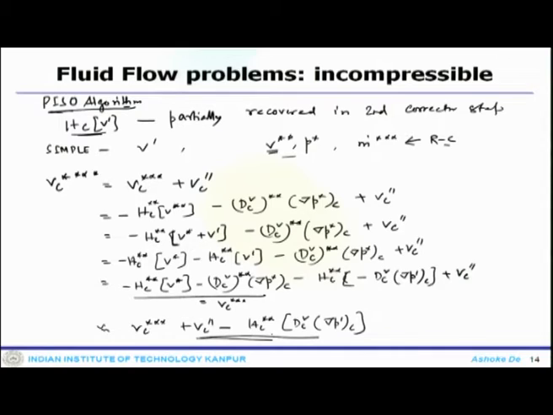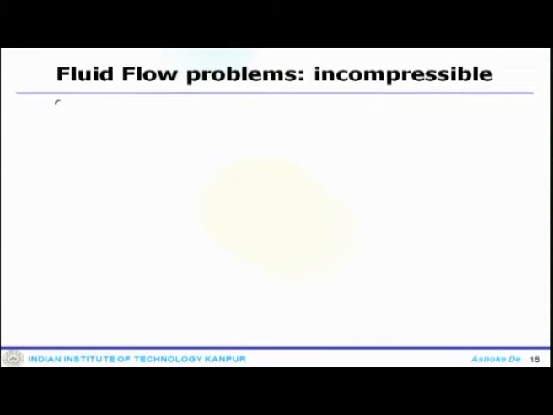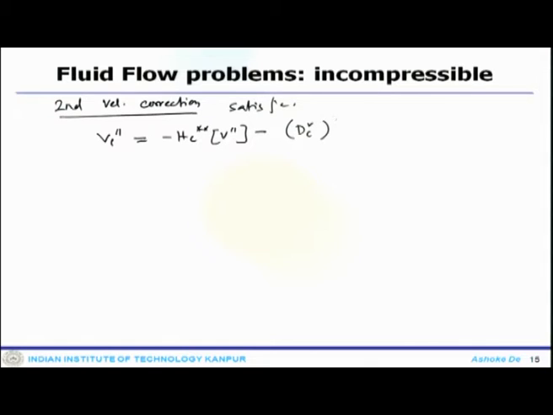And the second velocity correction satisfies that V_C'' equals minus H_C^** V'' minus D_C V^** delta P'_C.